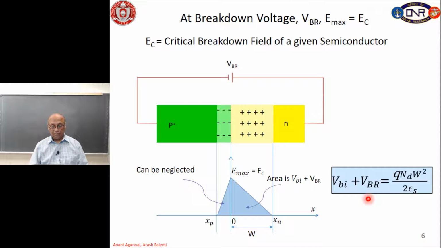So, if we define a critical electric field for a given semiconductor, then we can do this calculation, and in most cases we are very close to the avalanche breakdown voltage calculated by the impact ionization factors alpha n and alpha p.